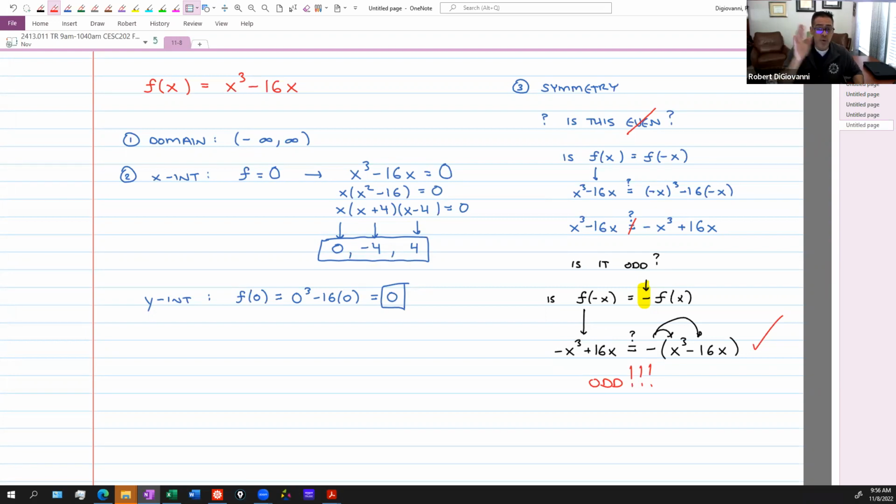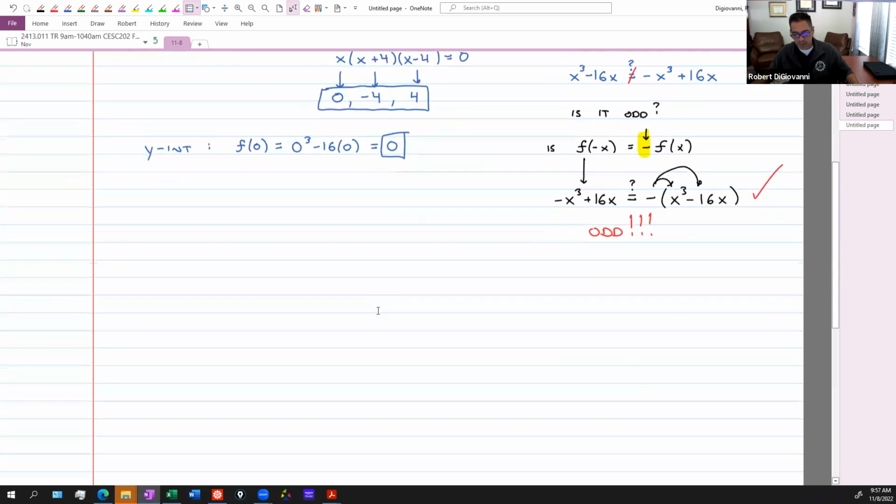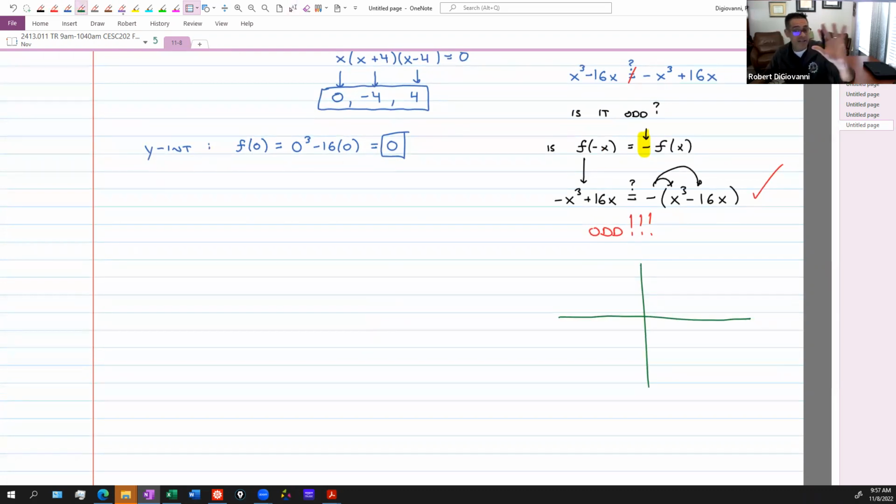It's a reflection over the y, then a reflection over x. So let me give you an example. If I gave you a function, I told you it was odd. Let's say I told you this function was odd and it looked like this. Okay? Let's say it looked like that. Then to the left of the y-axis, it would be a reflection here, like this. But then reflect that over the x-axis.